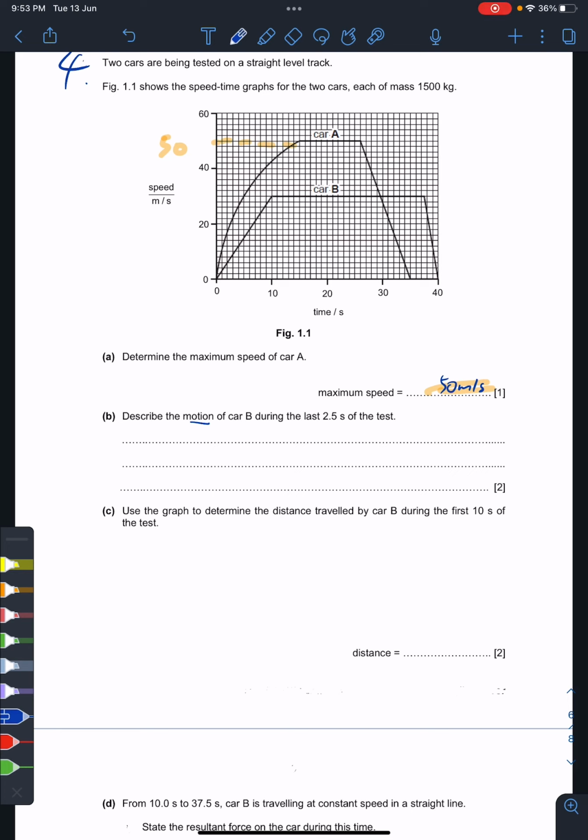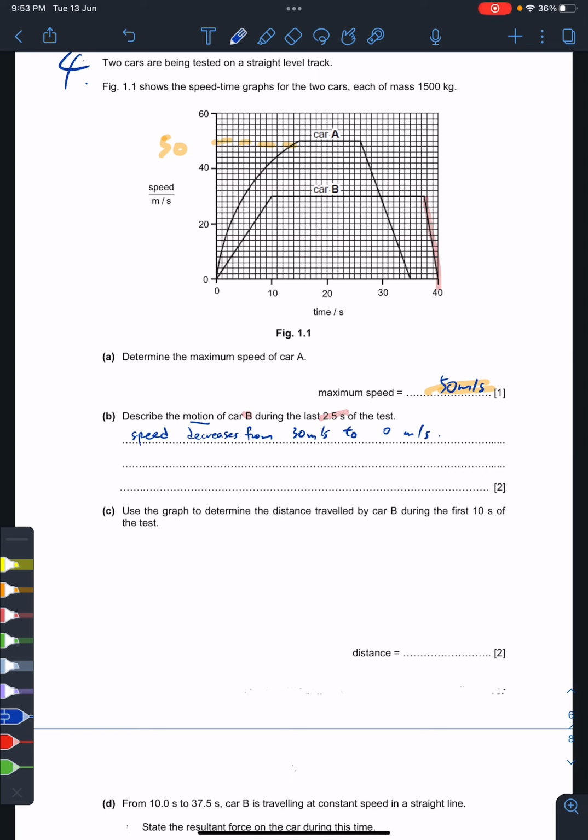Now they're asking for the last 2.5 meter of B, which is just this drop. So you say that the speed decreases from 30 meter per second to 0 meter per second.